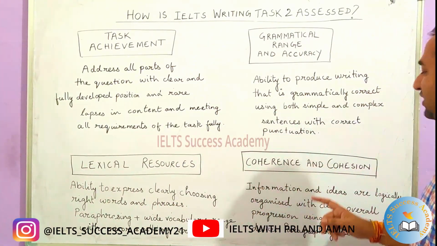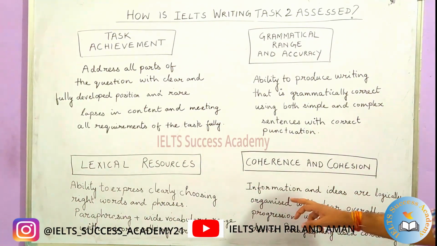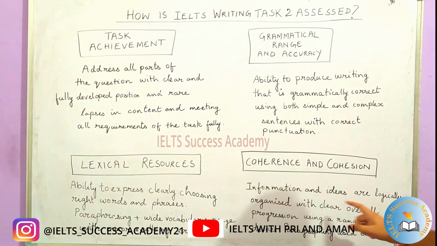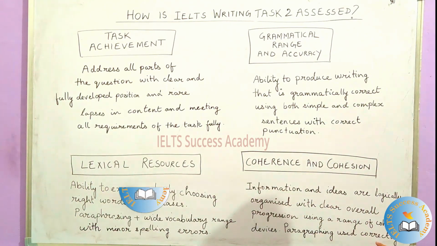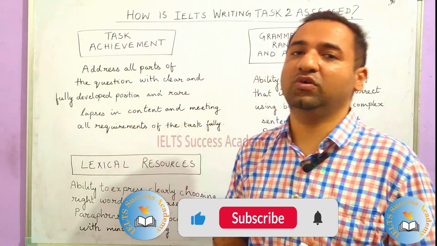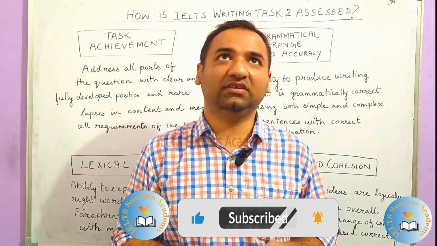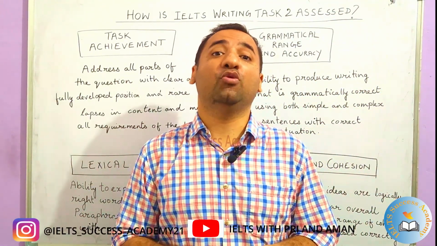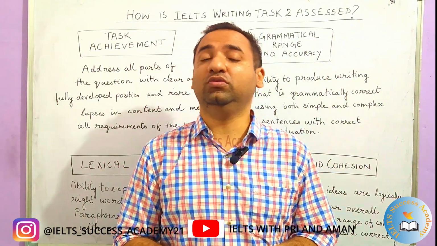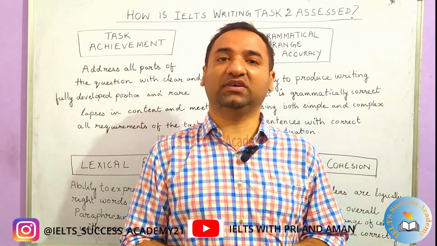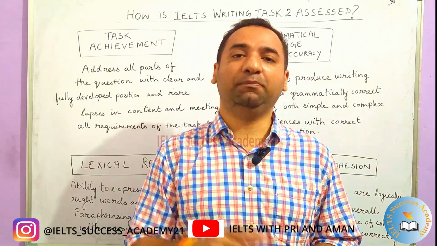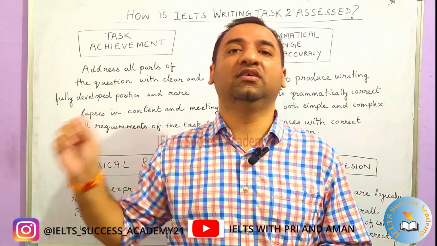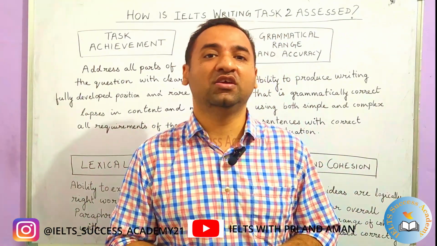The fourth point is coherence and cohesion. Information and ideas are logically organized with clear overall progression, using a range of cohesive devices, with paragraphing used correctly. One of the questions that is asked is: more and more students are going to other countries for further education, do you think the benefits outweigh the disadvantages?